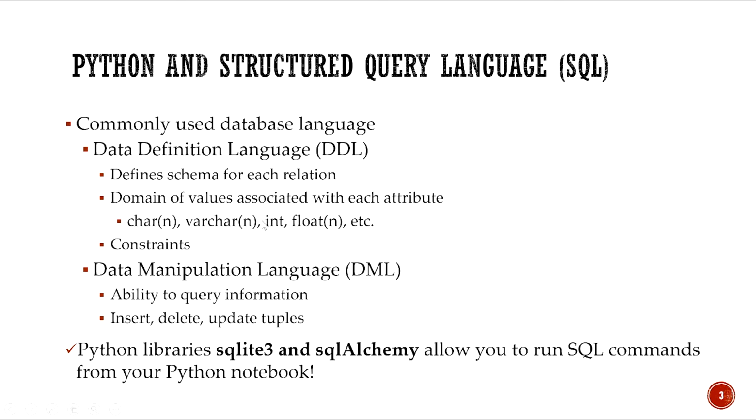We will talk about different domain types in a minute. There are also constraints, and we will discuss them. After we define tables and relations, we are able to query information, and that's the data manipulation language. We can insert, delete, and update tuples.